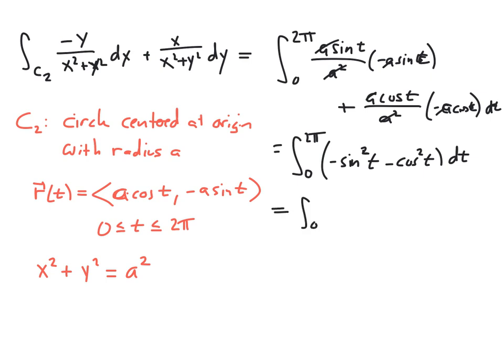And of course, negative sine squared minus cosine squared is just, we could factor out that negative and just get sine squared plus cosine squared, which is 1. So this is just negative 1 dt. And so we get negative 2 pi minus 0 as our value for this integral.